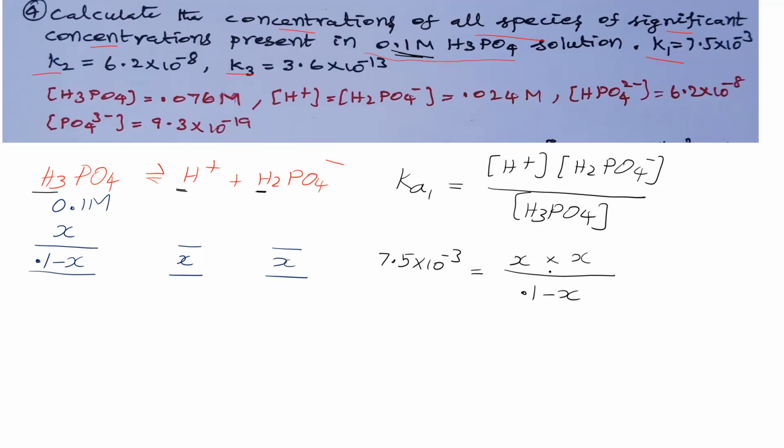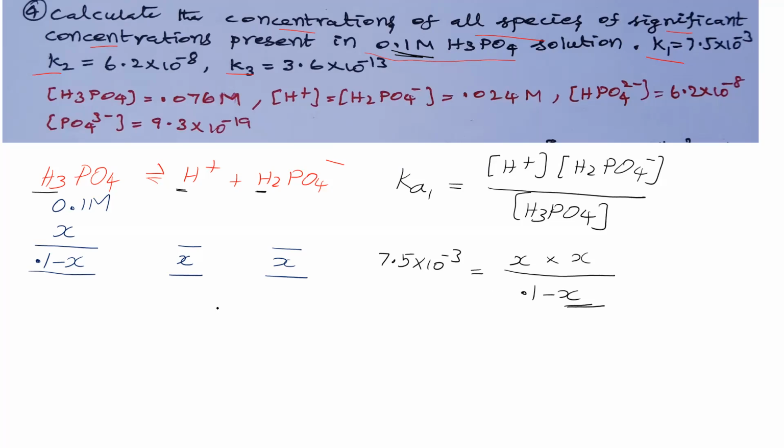Okay. Now let us simplify this in order to get this x value. While simplifying, don't neglect this x. Go for quadratic expression and simplify. So we are simplifying this expression by quadratic method, this x we are not neglecting.